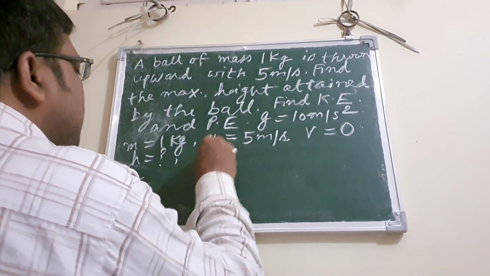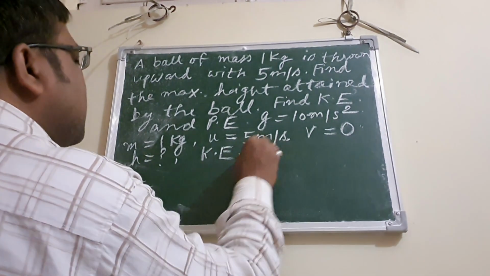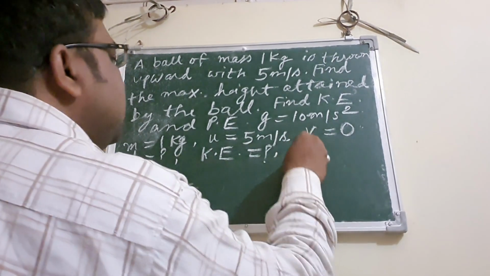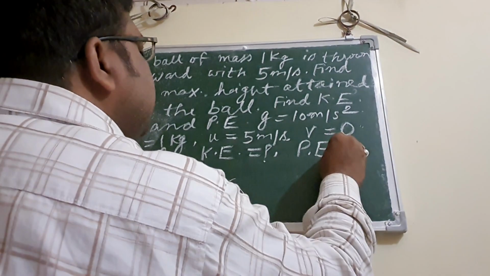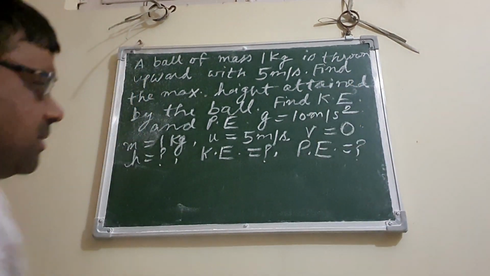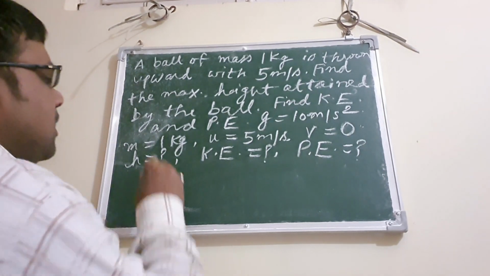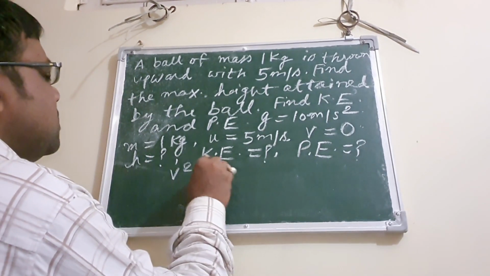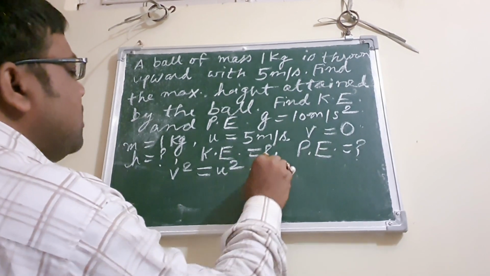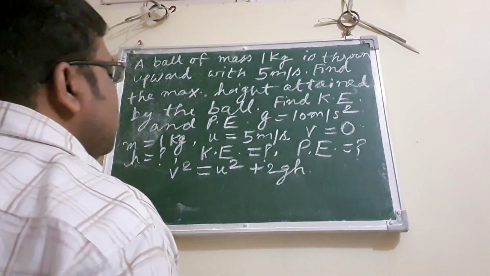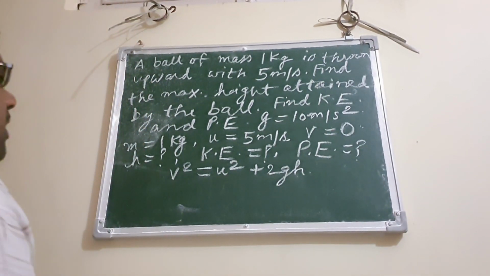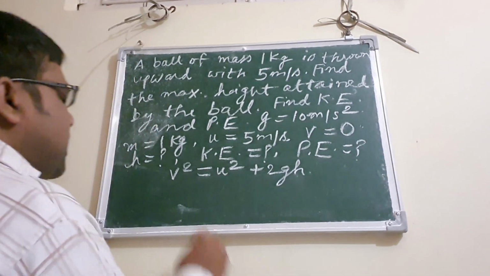And we have also to find the kinetic energy at the initial stage, and at height h we have to find the potential energy. So we are applying the third equation of motion, v square equal to u square plus 2gh. Gravity is in the upward direction, so it will be negative.